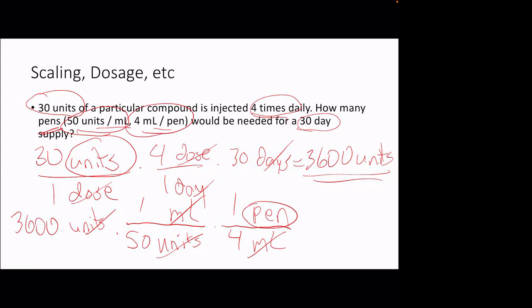So we have 3,600 on top, divided by 50 times 4, which is 200, and that's going to give us, I believe, 18 pens. So given all of these conversions, a person would need 18 pens for that 30-day supply for this particular compound.